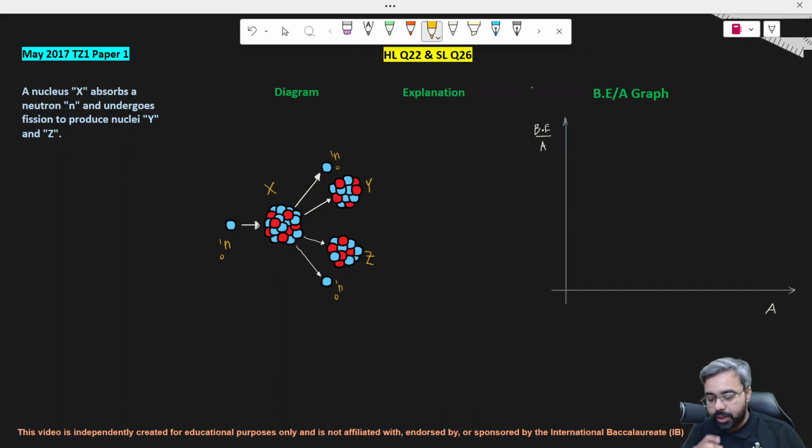Now, in a real question, these letters are just assigned symbolically, but in reality we have one prominent example of a nuclear fission reaction, that of uranium.